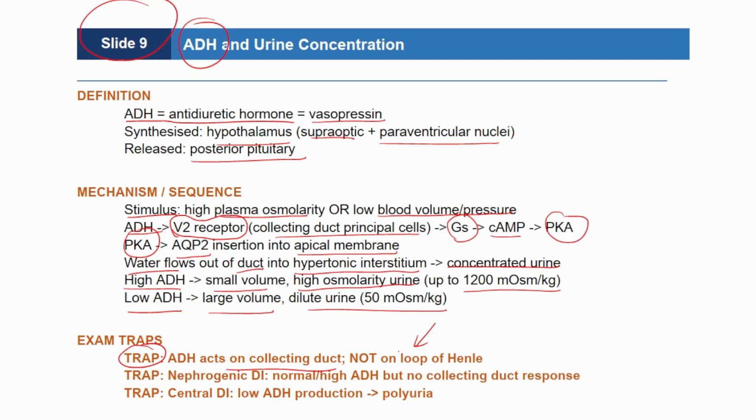Second, be prepared to distinguish nephrogenic diabetes insipidus, which is characterized by normal or high circulating ADH levels, but a complete failure of the collecting duct to respond to this hormone. Third, contrast this with central diabetes insipidus, a condition marked by insufficient or low ADH production that inevitably leads to profound polyuria. Polyuria means increased urination.